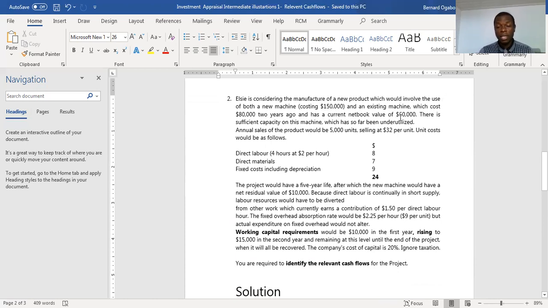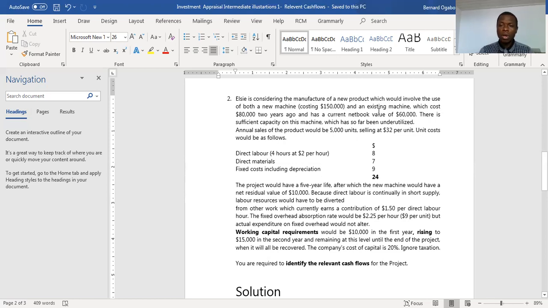I'm going to explain here just before we proceed that $150,000 is the only relevant cost in this case. We want to make a new product. However, we have an existing machine which we can use, but because of this new product, there is an incremental expenditure of $150,000 for machinery.